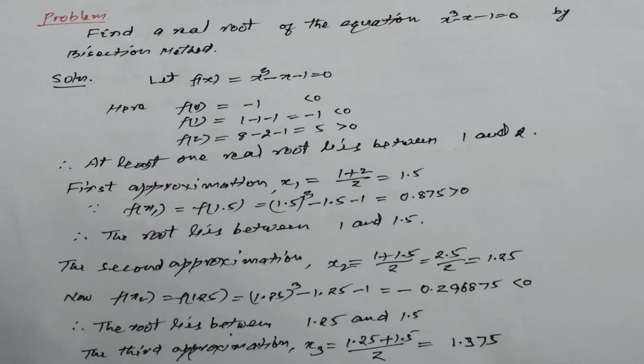Means f(1) and f(2) are of opposite signs, and so there is at least one real root between 1 and 2.